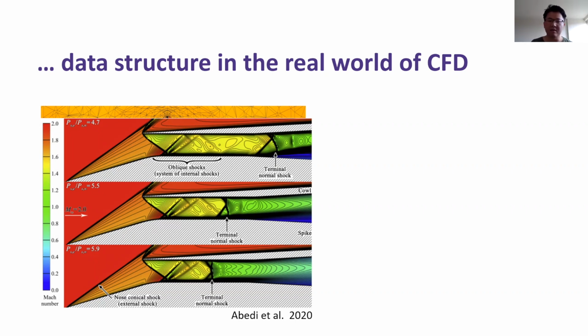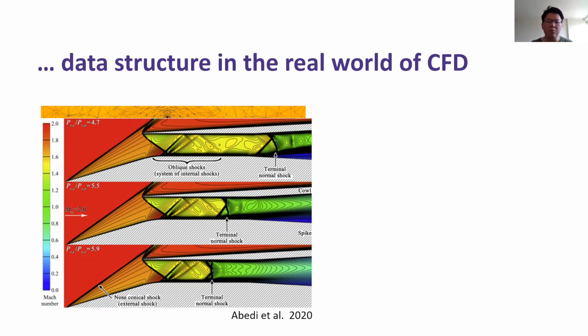The second example is when the meshes change with different parameters. The reason we do CFD is to form digital simulations of realistic physical objects, and of course we want to change the operating conditions to see what happens, to answer what-if questions. For example, take a supersonic inlet.